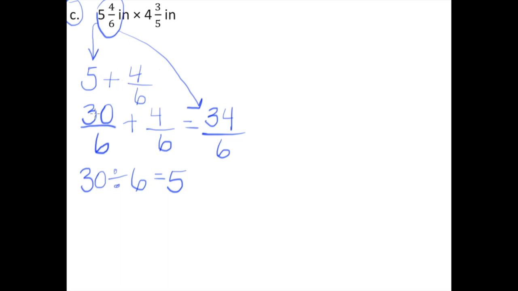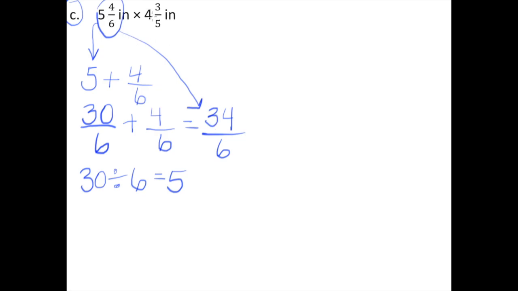The way that we figured this out is all we did was multiply 6 times 5. 6 times 5 is 30. 5 wholes is equal to 30 over 6. Confusing? Let's just rewrite this fraction as a division expression. 30 divided by 6 is 5. Okay, cool. So now we've rewritten 5 and 4/6 as 34/6.